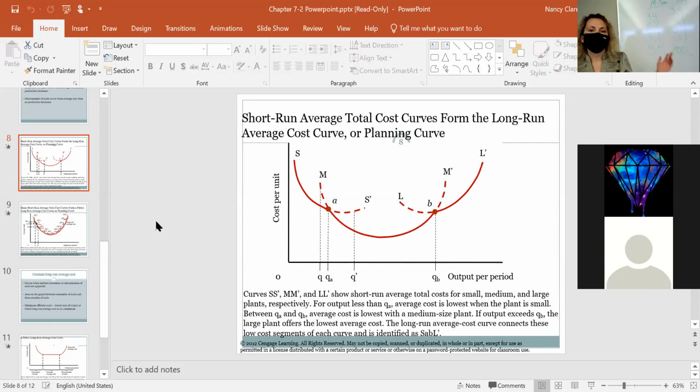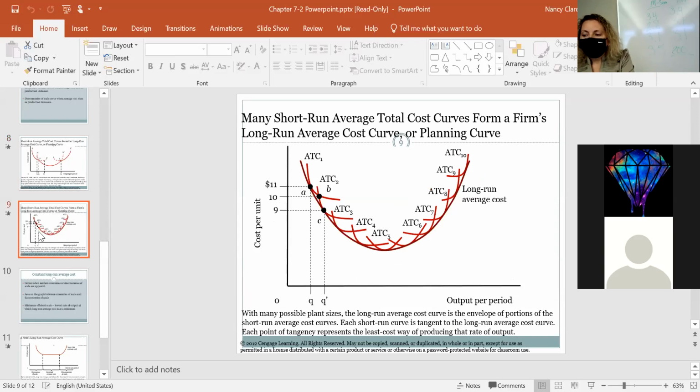So you really have hundreds or thousands of options. Well, in reality, you'd probably look at several options, probably more than small, medium, and large. You wouldn't run numbers on 1,000 different factory sizes or even 100, but you might on 10, just to give yourself a good picture of what the possibilities are.